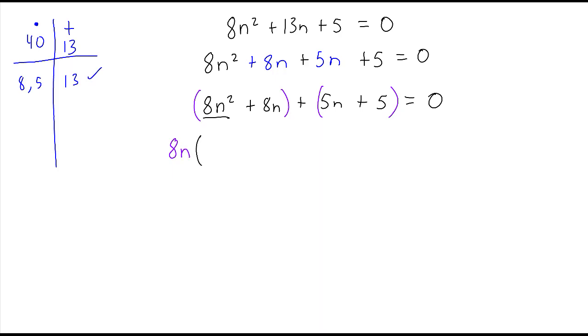If I divide this by 8n, the 8s would cancel, and n squared over n, one of those n's on top will cancel with the n on the bottom and leave me with just n. And then 8n divided by 8n, anything divided by itself, is 1.